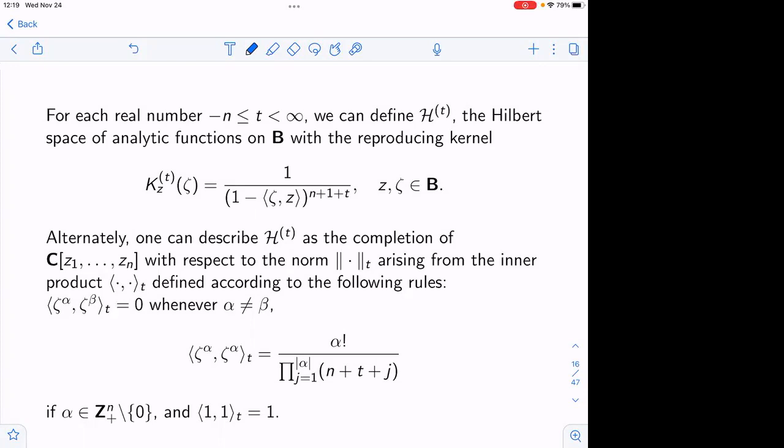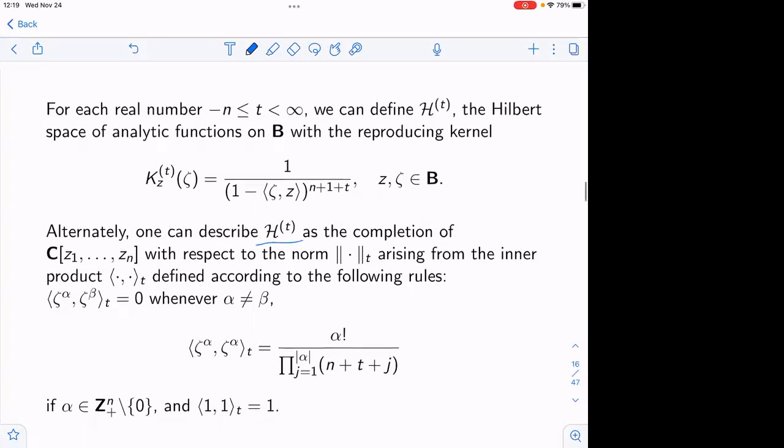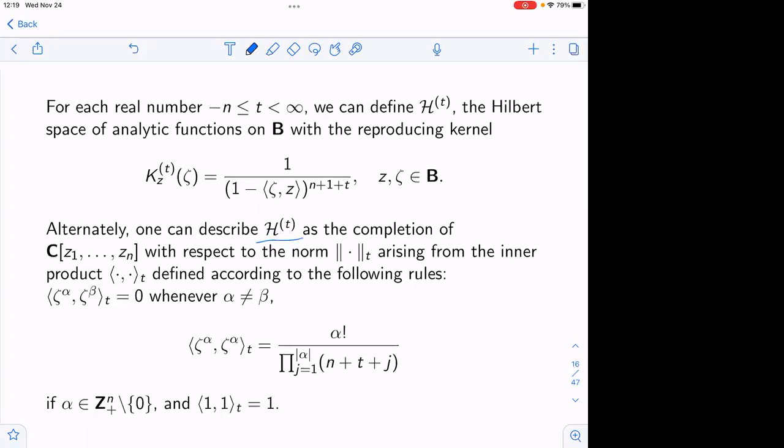You define this kernel, and the corresponding reproducing kernel Hilbert space is called H_t. You can also describe this space by explicitly describing the inner product between monomials. It's given by this formula.